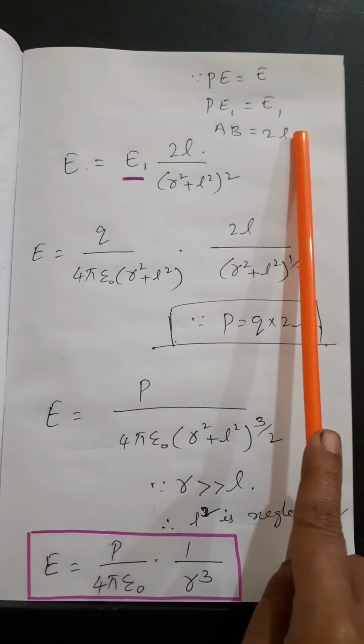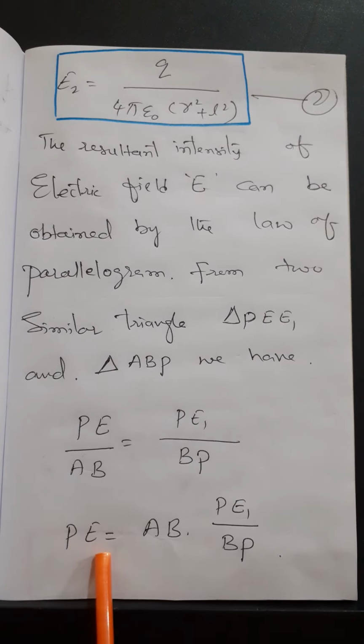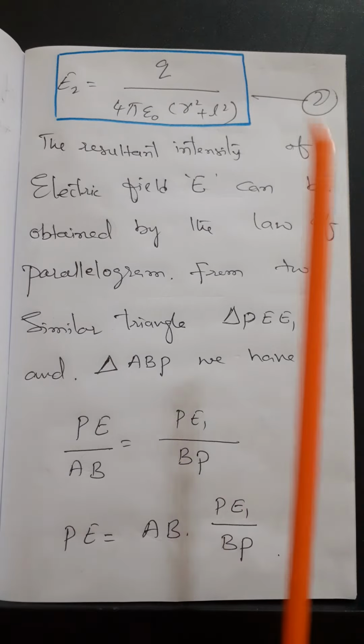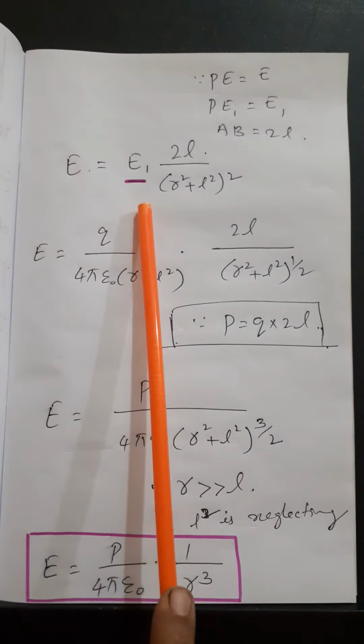So E, that is PE, is equal to AB times PE1 by BP, and already I wrote the E1 value. E1 is equal to q by 4 pi epsilon naught AP square, that is, E1 is equal to q by 4 pi epsilon naught (r square plus l square).